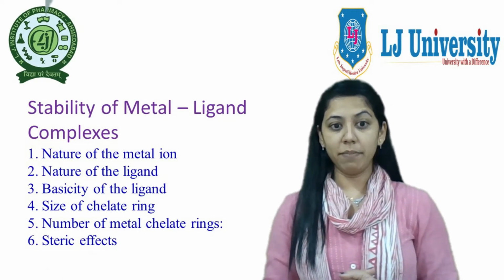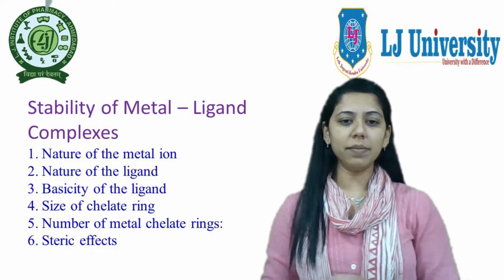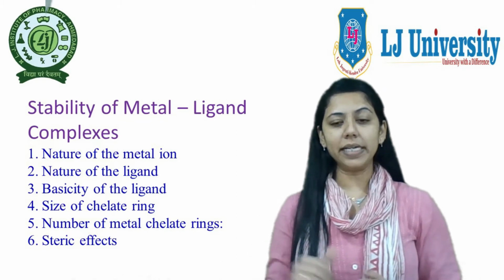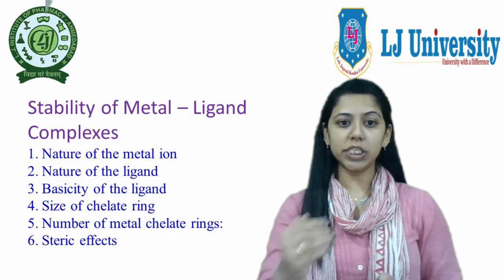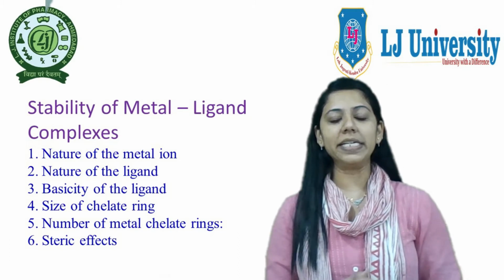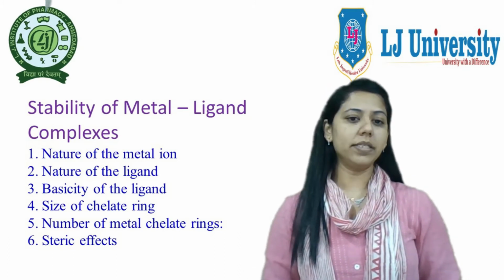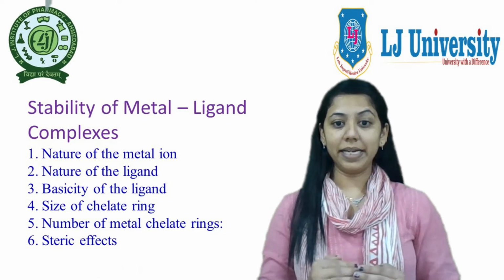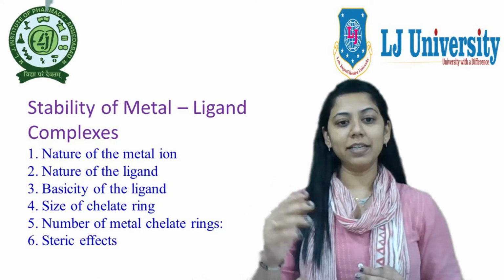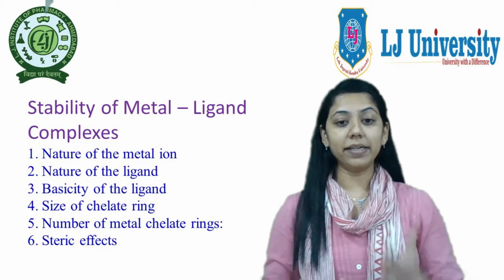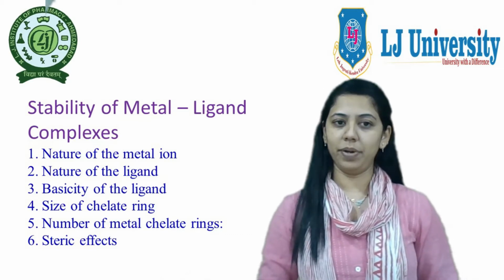For example, the complex of nickel metal with a multidentate ligand is more stable than with a unidentate ligand, for example, ammonia. Then third, basicity of ligand. The greater the basicity of the ligand, the greater the stability of the complex.